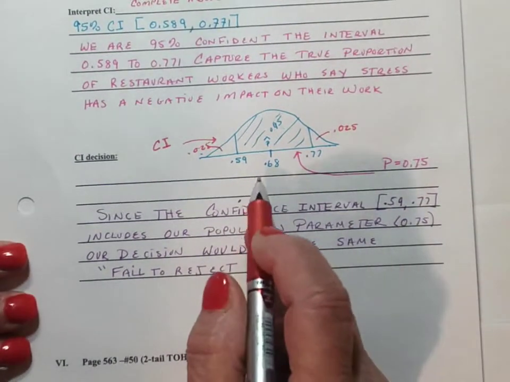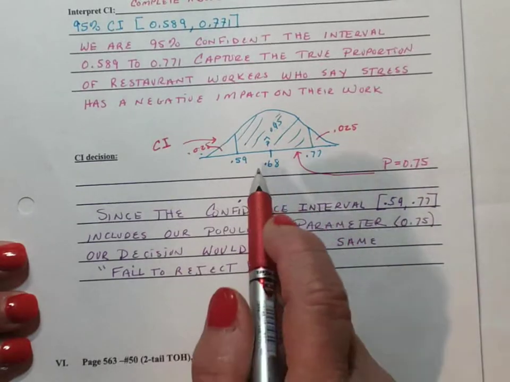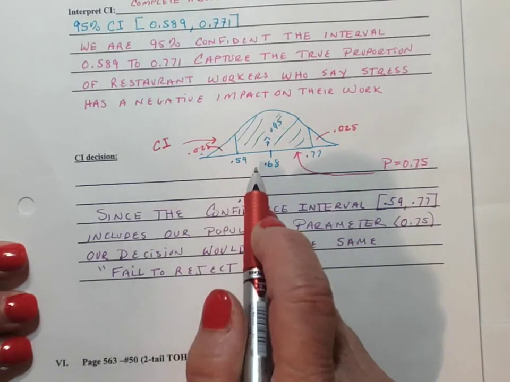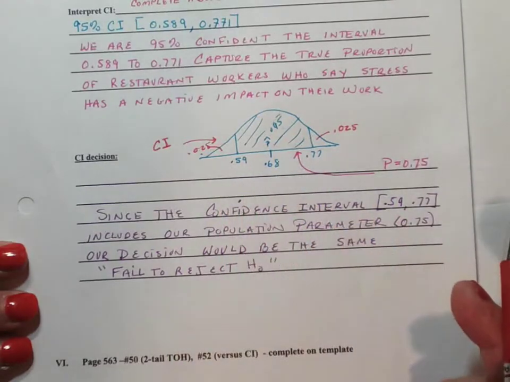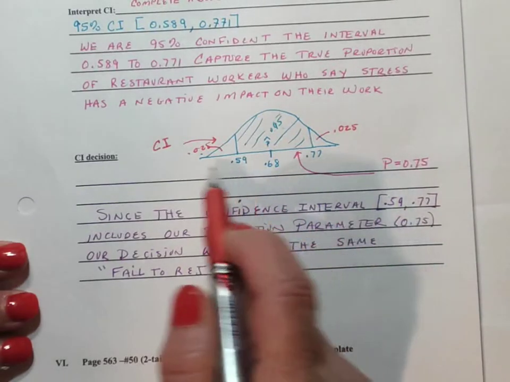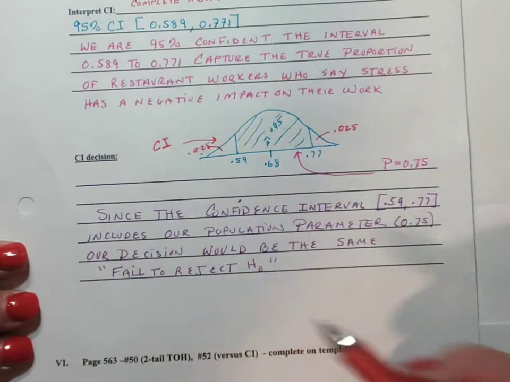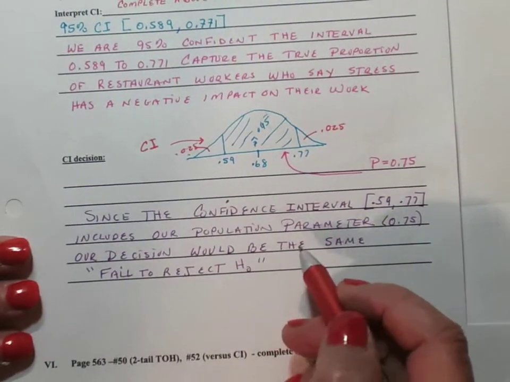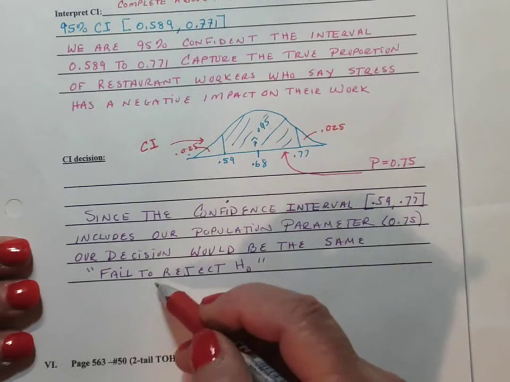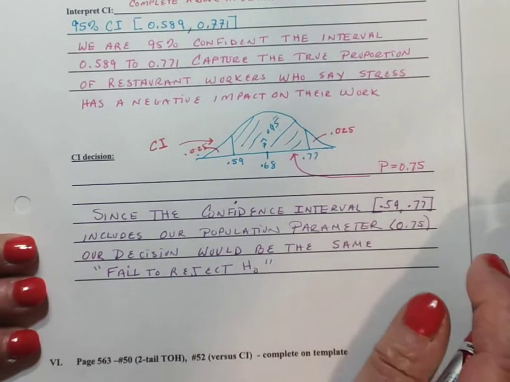Now the question, and I didn't write this down yet, the question that they were truly asking is, what is more information that you get from a confidence interval than you do from a test of hypothesis? Well, from a test of hypothesis, you simply can just say whether you reject or fail to reject.